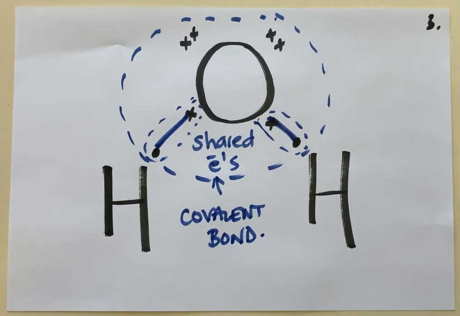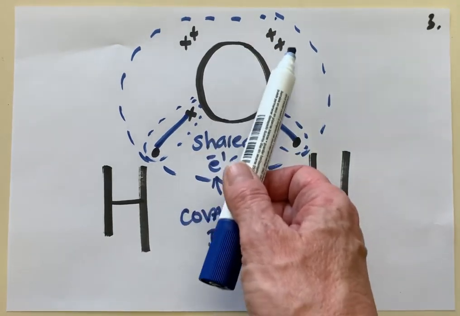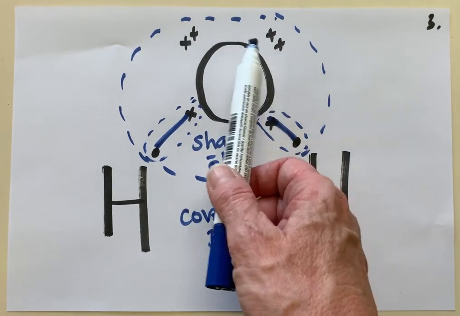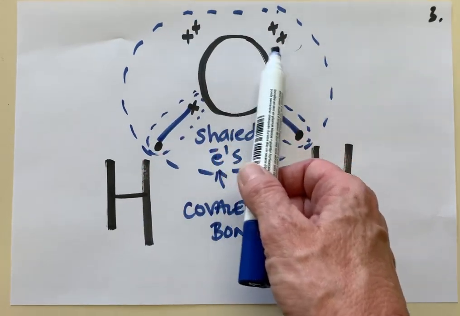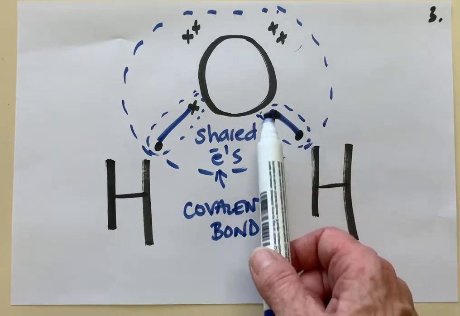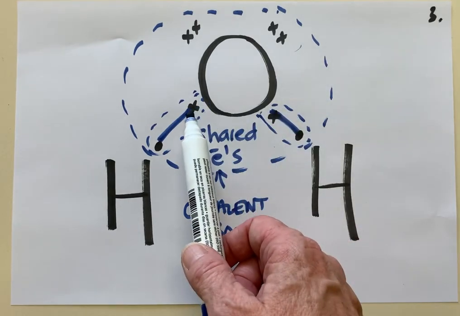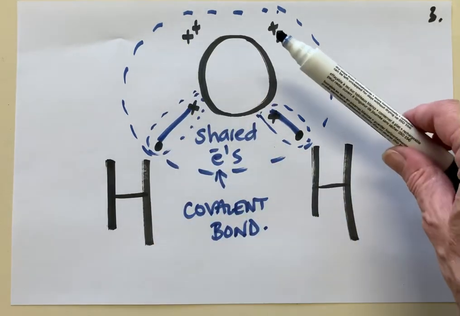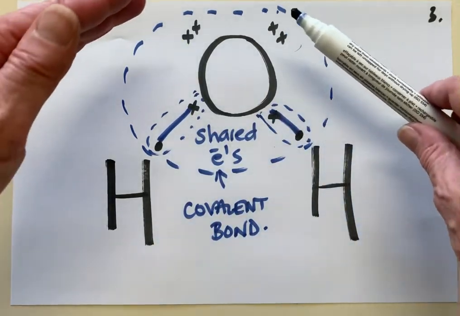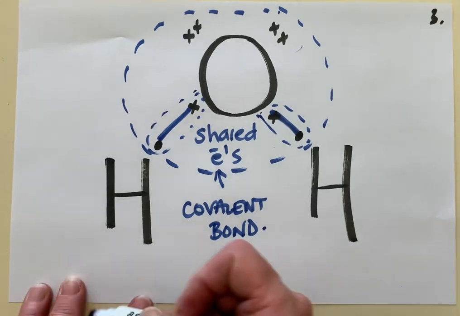Remembering electrons move really fast, they spin really fast. Well, one spins clockwise and one spins anti-clockwise, and that's why they can pair. However, this pair of electrons is repelled by this pair of electrons, which is repelled by this pair of electrons, which is repelled by this pair of electrons, which is why you get that shape. And what it means is that that water then becomes a V-shaped molecule.